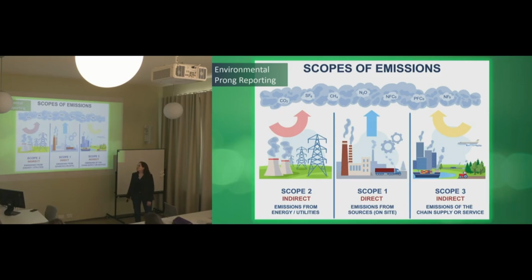Scope 2 is indirect. That's emissions from energy and utilities that the company is paying for and using. Scope 3 is indirect, and this is a hot topic really, because this focuses on the emissions within their value chain. Typically the top of the value chain.